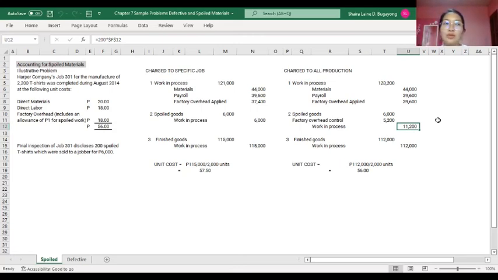So ang 200 multiplied by 56, so that is 11,200. And since nabaligya man siya at 6,000, ang remaining ana would go to factory overhead control. So ang remaining sa work in process is 123,200 minus ang i-credit na 11,200 na spoiled. So that is 112,000. To compute for the unit cost, 112,000 divided by 2,000. So unit cost is at 56.